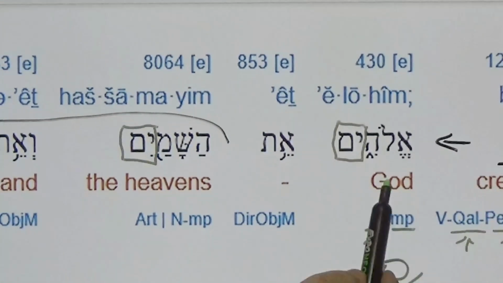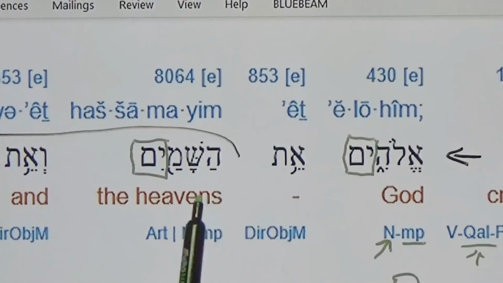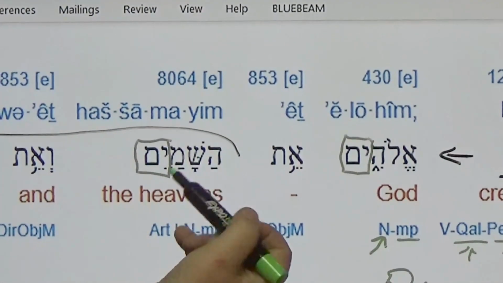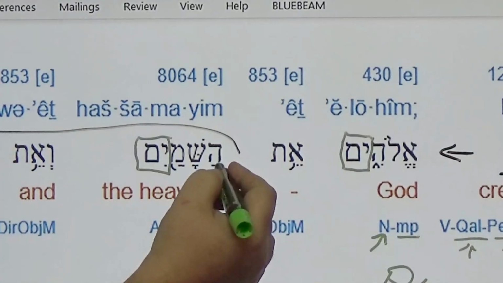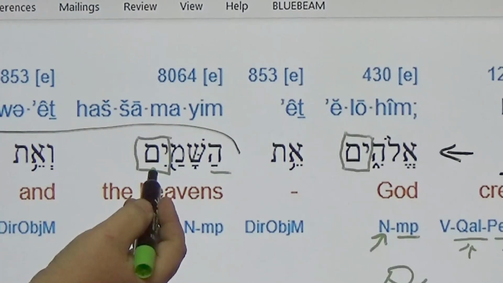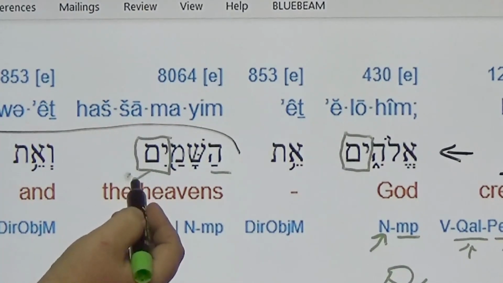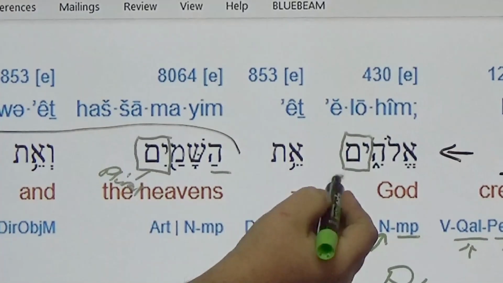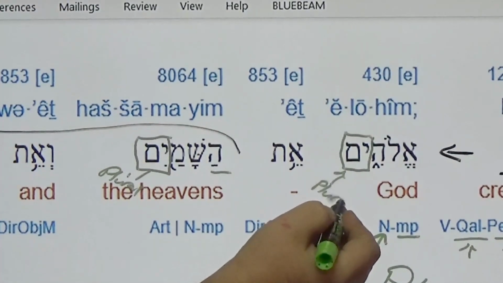So when it says Elohim, God, Ha-Shamayim, the heavens, that right there is your plural, and that right there is your plural.